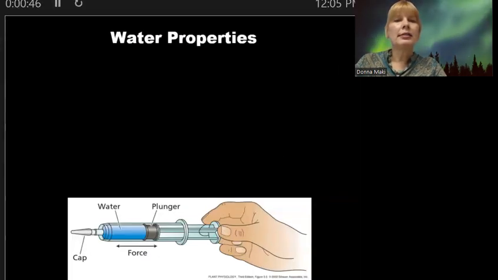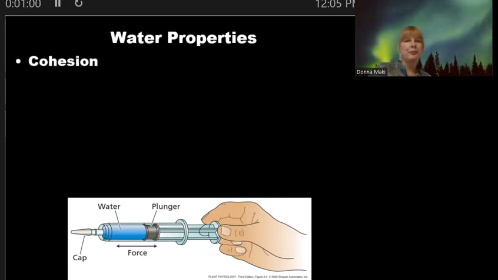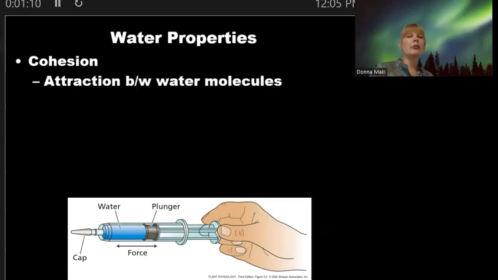I'm going to jump ahead to this slide, water properties. Water is an amazing substance, and plants, of course, just like any living organism, have to have water on a regular basis. A couple of ideas about water that you need to think about heavily is this idea of cohesion, where you're thinking about the attraction of water molecules to each other, based on their chemical nature, partial positive and negative charges on the water molecule.